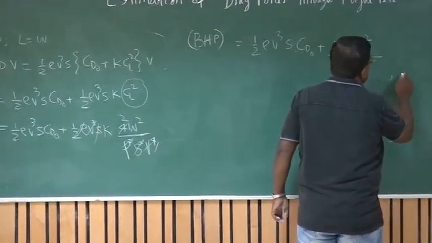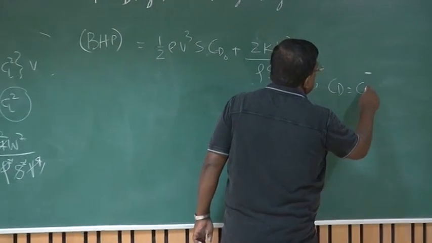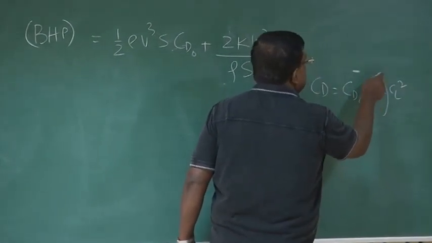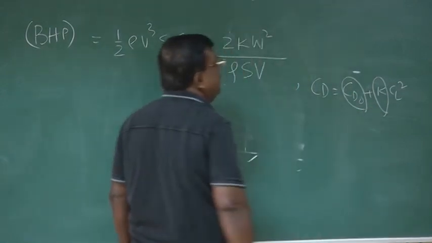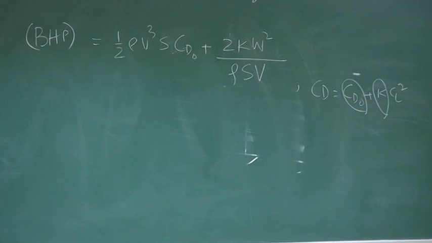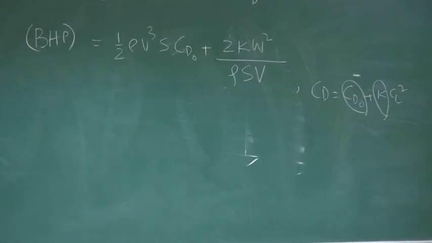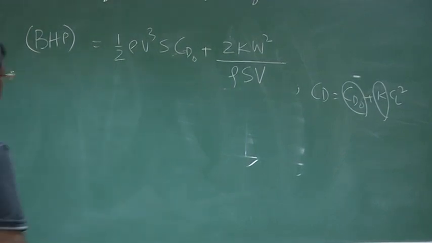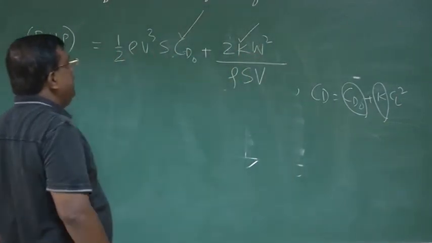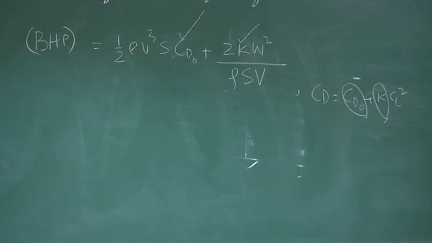We want to estimate the drag polar, that is CD naught plus K CL square. That is, if I can estimate K and CD naught from flight test, then I can express the drag polar as CD naught plus K CL square. That is a simple question. So my eye should be fixed to know clearly that my aim is to estimate CD naught and K.